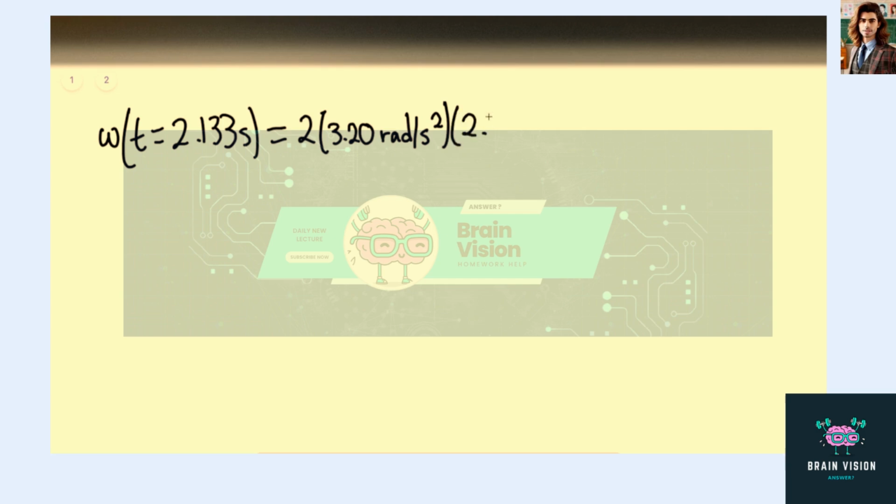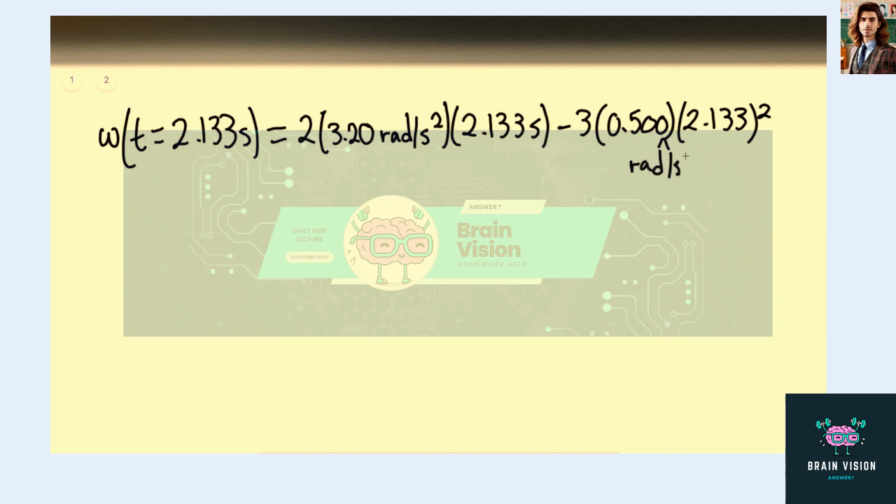So t again would be 2.133 seconds, and then minus 3 times 0.500 radians per second cubed times 2.133 squared.